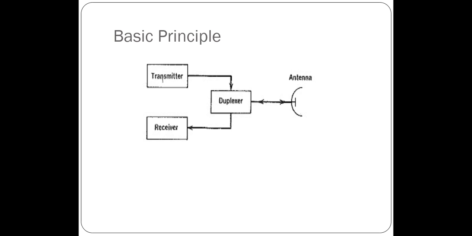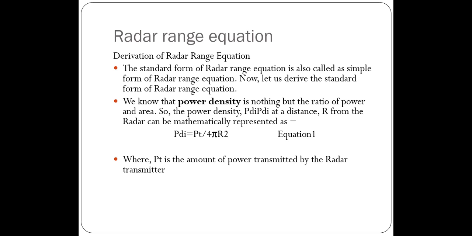The receiver antenna collects the return echo signal and delivers it to the receiver, where it is processed to detect the presence of the target and to extract its relative velocity with respect to the radar station, if the target is moving. So this is the basic principle.